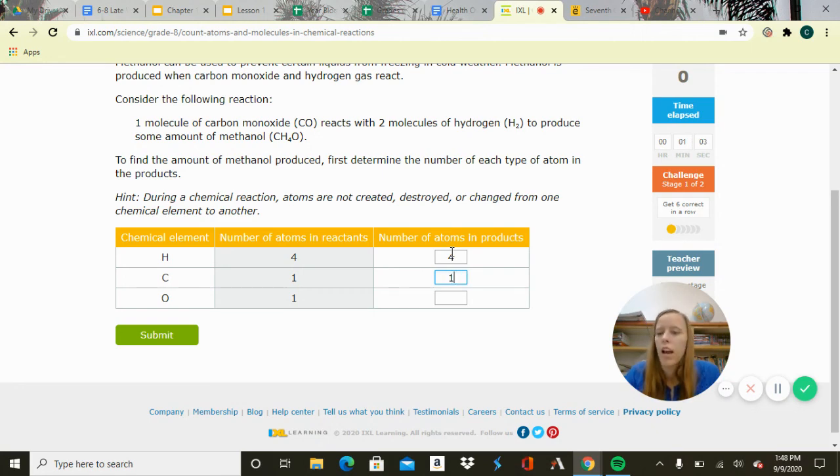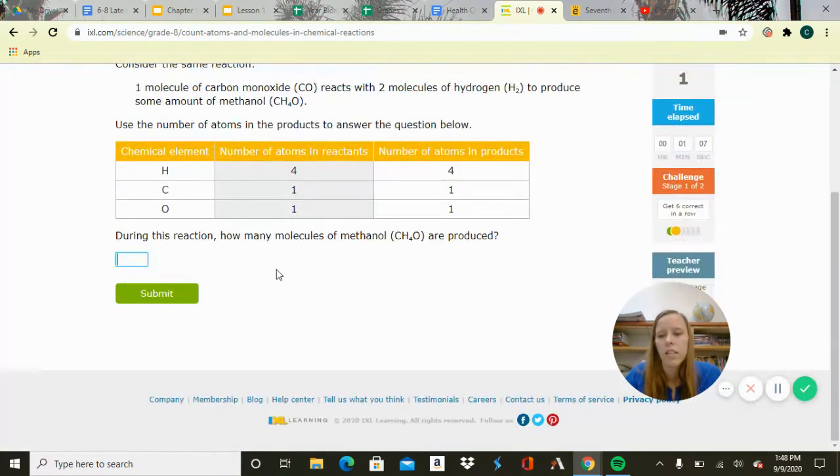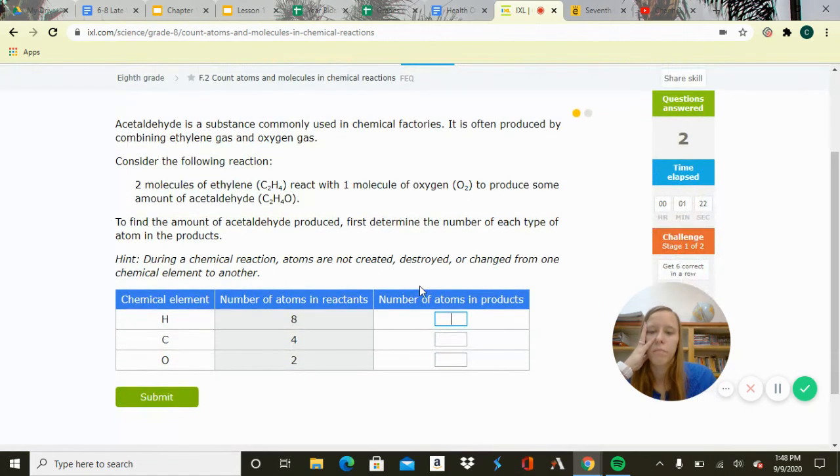So it's 1. And oxygen, it's 1. We're going to submit that as yes. Now it says during this reaction, how many molecules of methanol, or CH4O, are produced? Well, we don't have anything in front of it, so it's going to be 1.